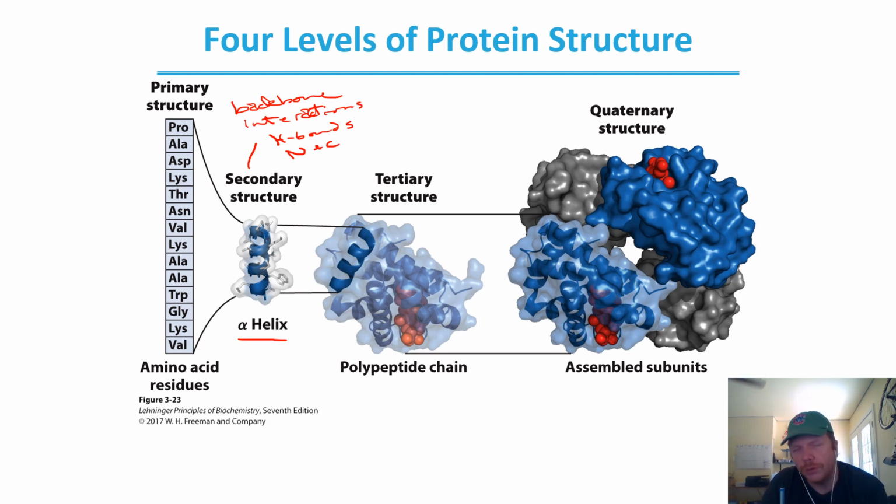And I say virtually nothing because I don't want to say that it has absolutely nothing to do with it, but the different amino acid R groups are not particularly relevant to the formation of the secondary structure. Tertiary structure, on the other hand, is going to largely be stabilized by the R group interactions.